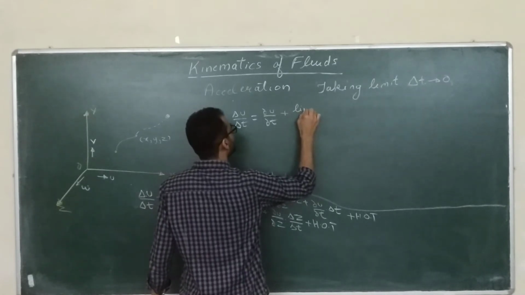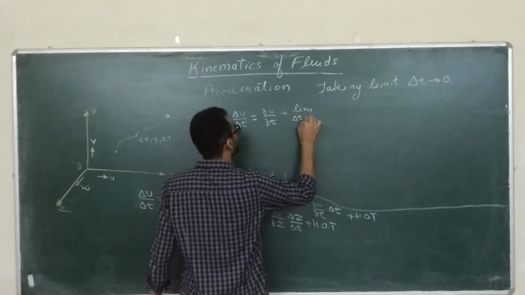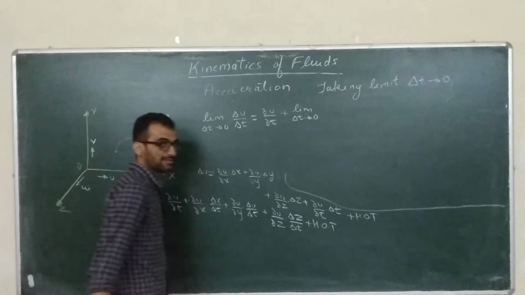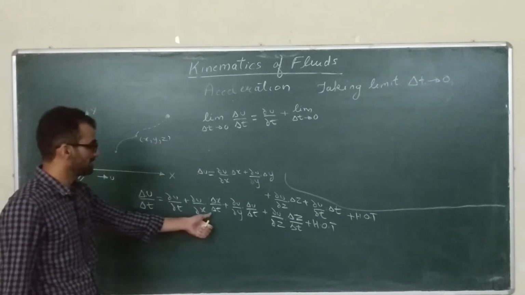again take limit delta t tends to 0. We are taking this limit for this variable because we have a delta t here.